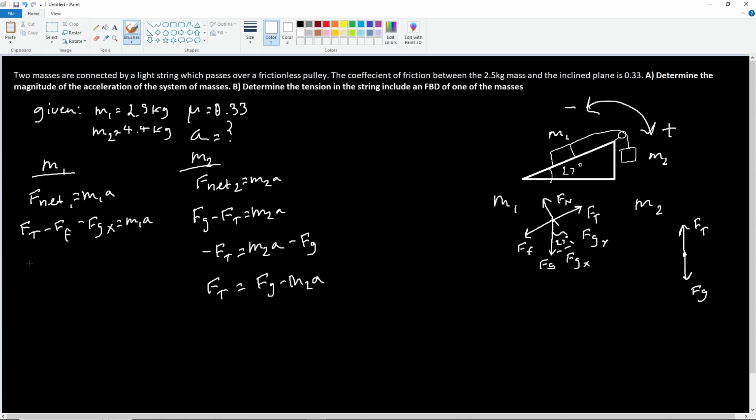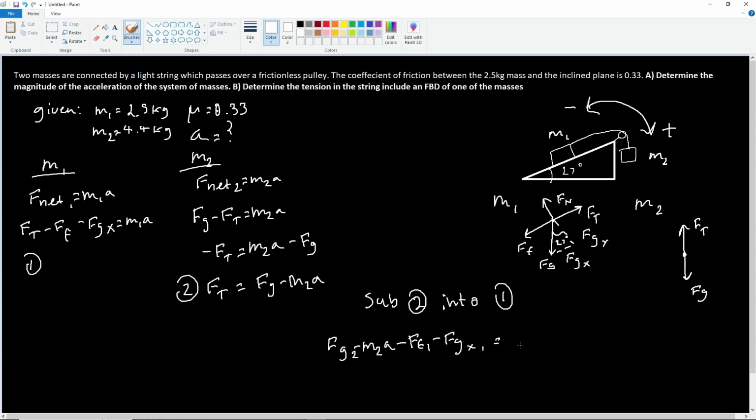So now we have equation 1 and we have equation 2. So now what we do is sub equation 2 into equation 1. So Ft would go into Ft, so it would be Fg2 minus M2A minus Ff1 minus Fgx1 equals M1A.